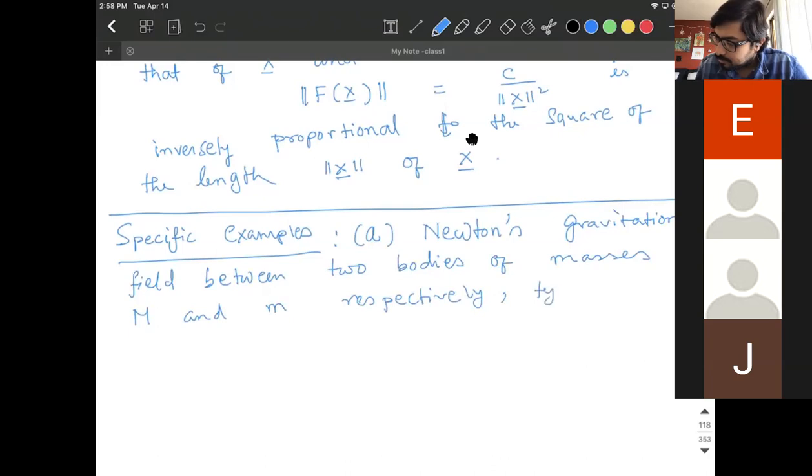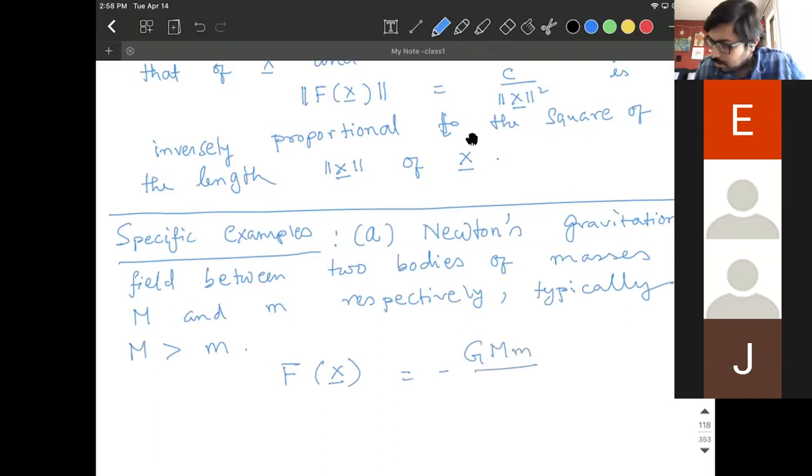And typically, well, it's not really needed, but still, let's put it, the capital M denotes the larger mass. Then Newton's law of attraction tells you this famous formula: minus G m M by norm of x squared times x over norm of x.